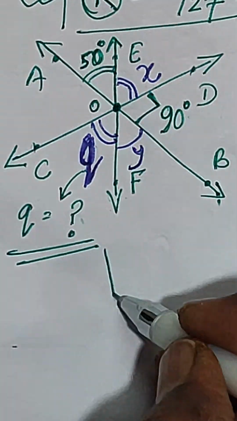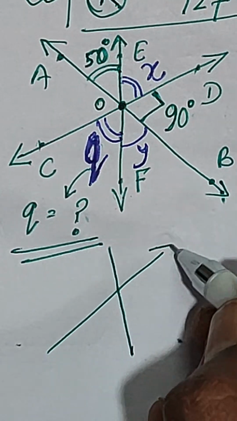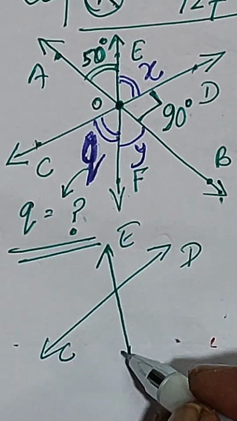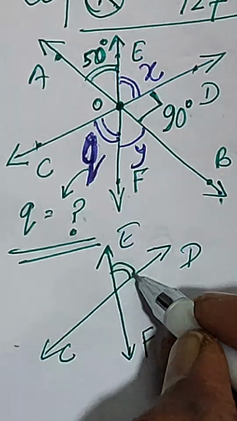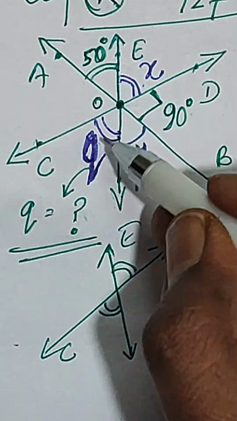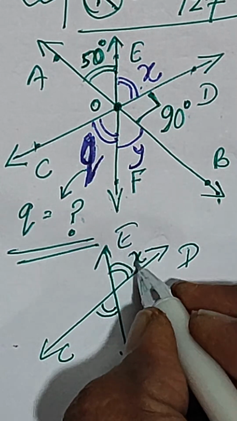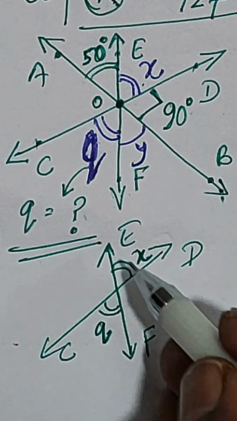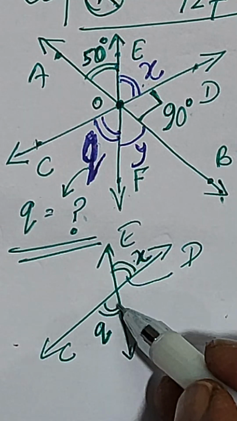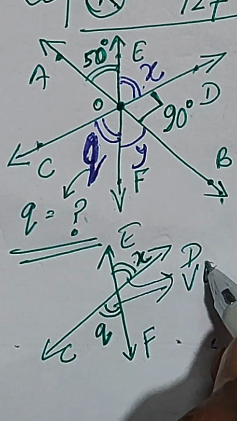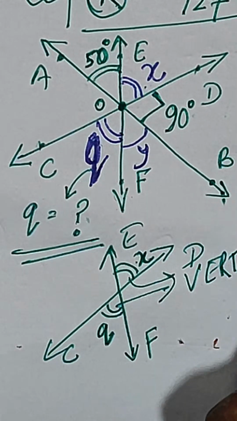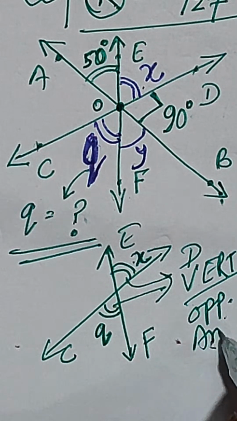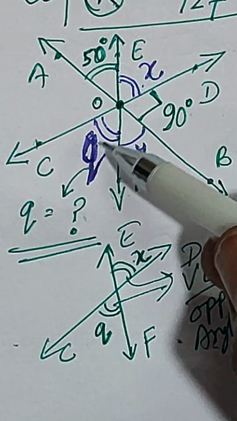So if this is CD, this is EF, then the angles which are forming in between are X and Q. This is X and this is Q. You can see, and these are nothing but vertically opposite angles. So can we say that X is equal to Q?